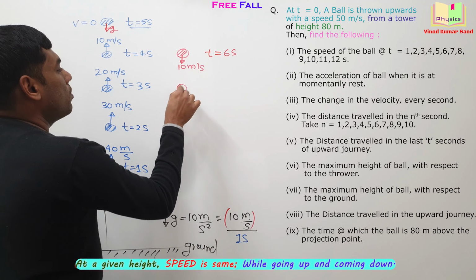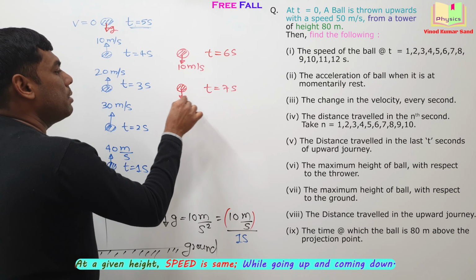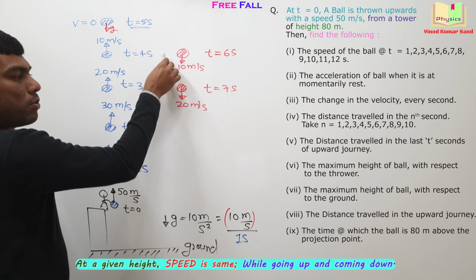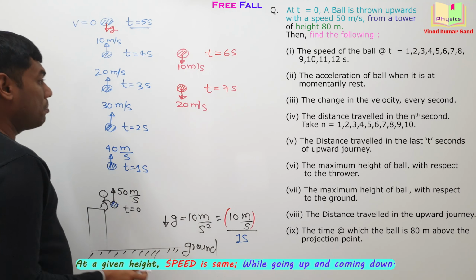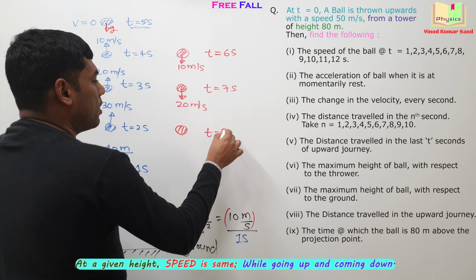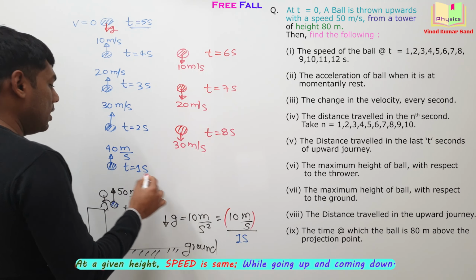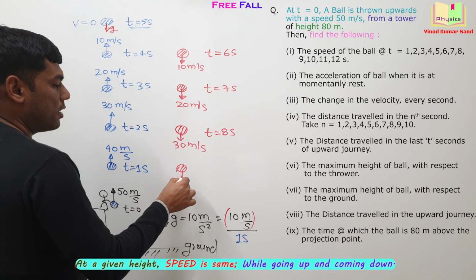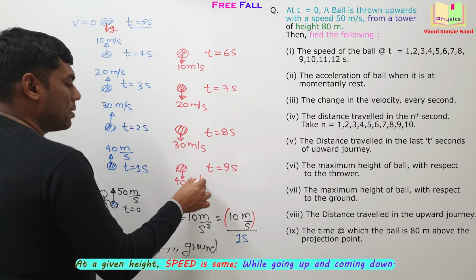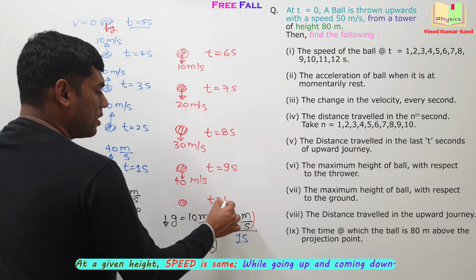T is equal to 7 second. The speed will become 20 meter per second. I hope you understand why that is happening. Every second, the speed will now increase by 10 meter per second. T is equal to 8 second. The speed is 30 meter per second. T is equal to 9 second. The speed is 40 meter per second, and then comes t is equal to 10 second.